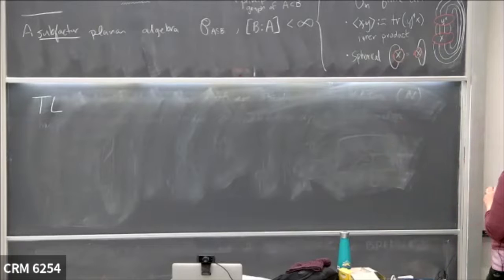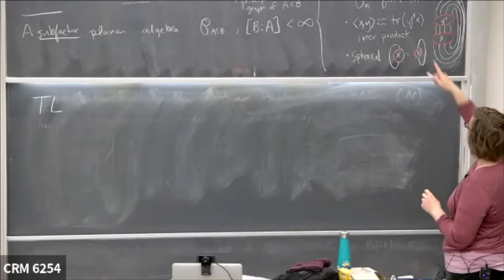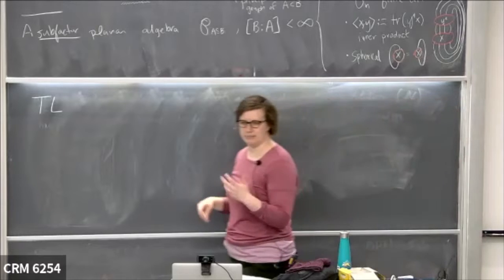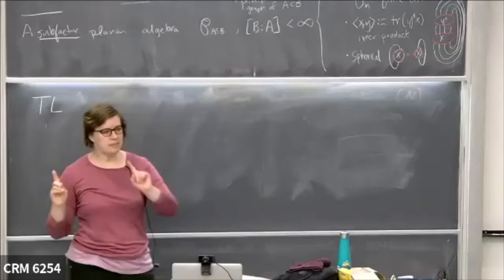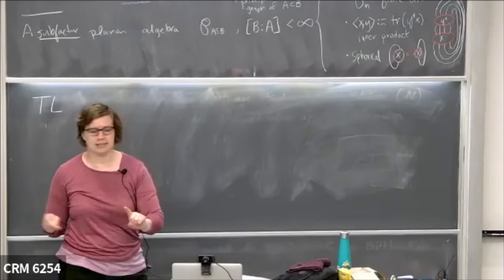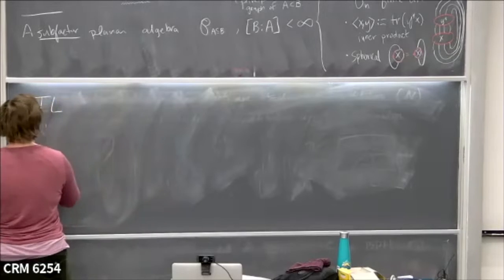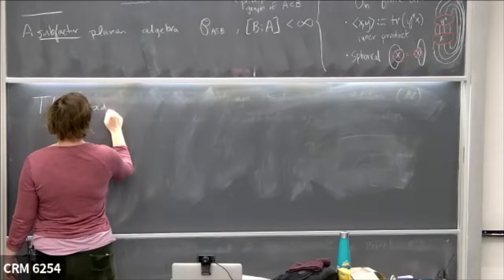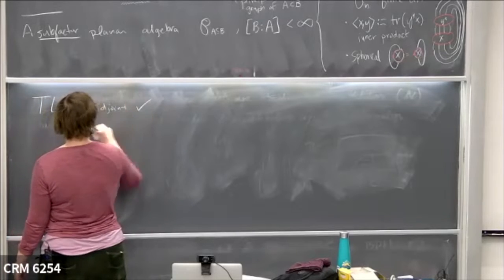Good. Okay, and each of these Pn is finite dimensional. That's pretty clear, probably. But actually, because of some stuff I'm going to tell you in a few minutes, I want more than that. So, okay, maybe we should organize our thoughts a little bit. Adjoint check, that was built right in.